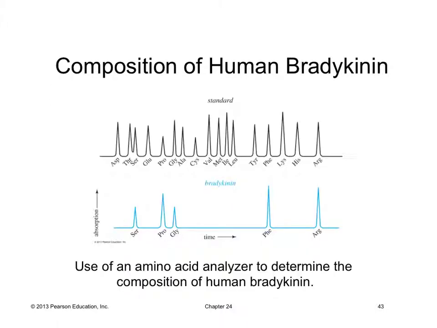So if we look at human bradykinin, here is the composition of it, and then you would run a standard of all the amino acids, and then you can figure out, yes, this is a serine, these are proline, glycine, phenylalanine, and arginines.